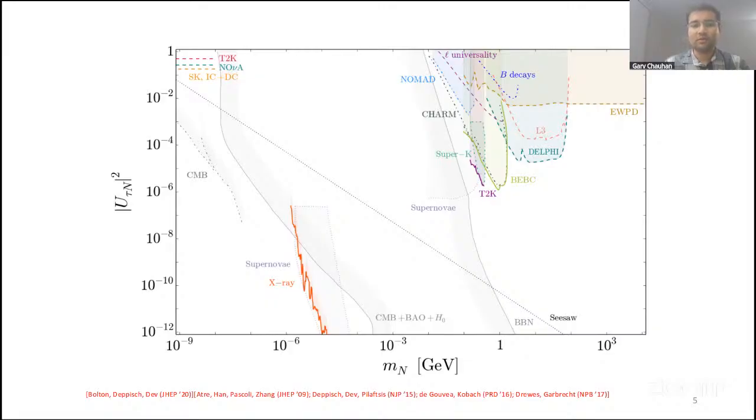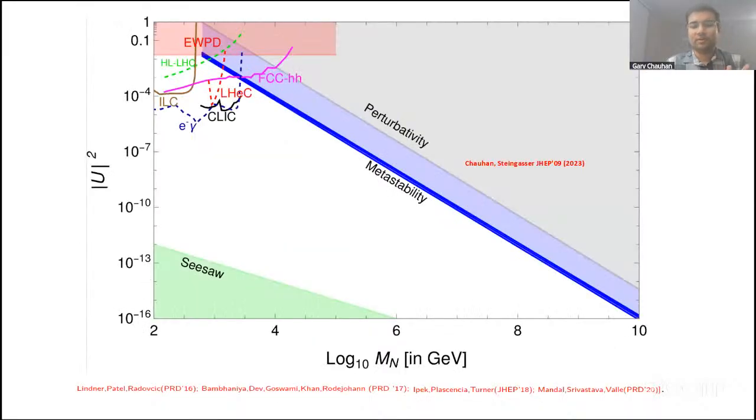Our scheme in this work is to test whether we can use astrophysical means to constrain more of this tau coupling parameter space, especially in the regime the supernova is sensitive to, which is usually the MeV to hundreds of MeV regime. As I was saying earlier for the electron type, as you go to higher sterile masses, the sensitivity of the experiments goes down because you cannot produce these heavy states.